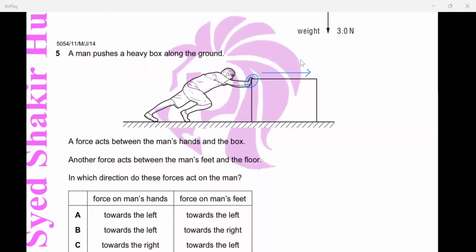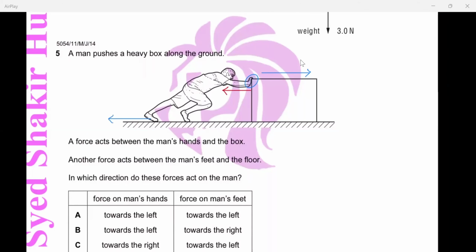And I will draw the arrow of the force which acts on the man with red. So this would be the direction of the force on the man from the box. अगर मैं इसकी feet की बात कर रहा हूं तो does his feet push back on the ground?